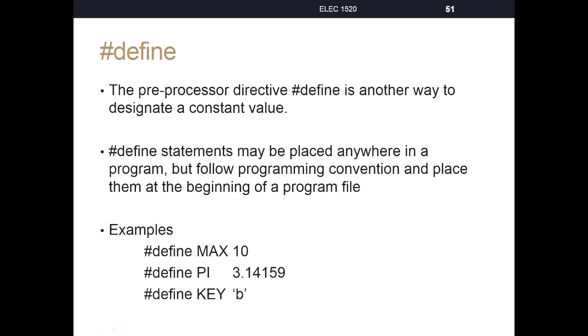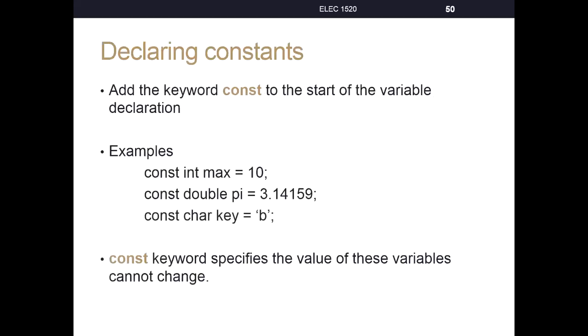The difference between the two is that when we create these with the keyword const, memory is actually allocated. Special memory is allocated for this, where these variables are stored. Anywhere we use these values, this is the value that's associated with it.